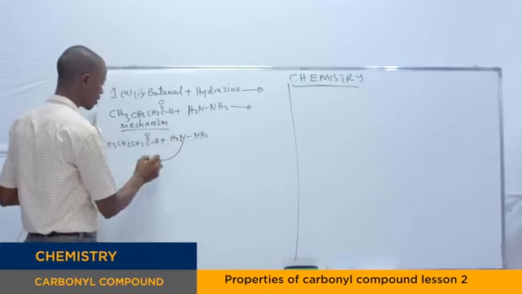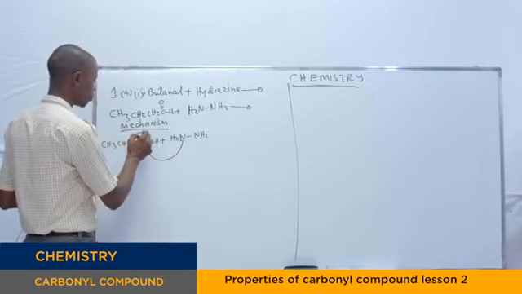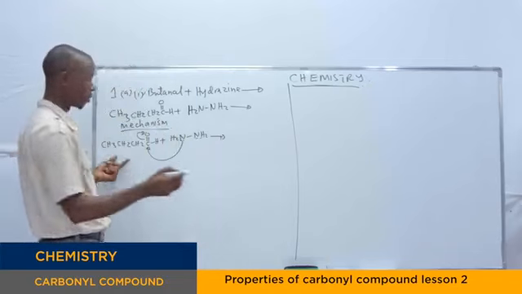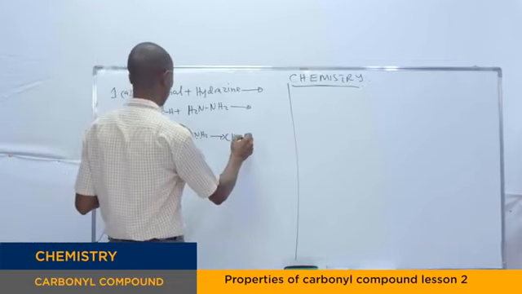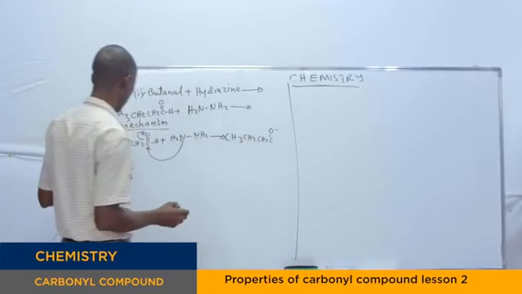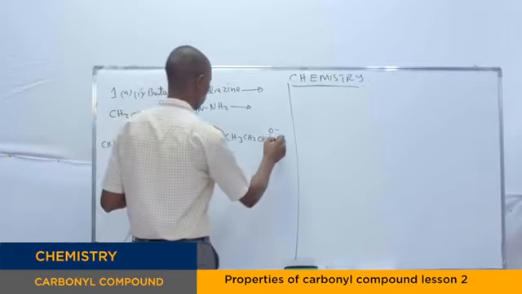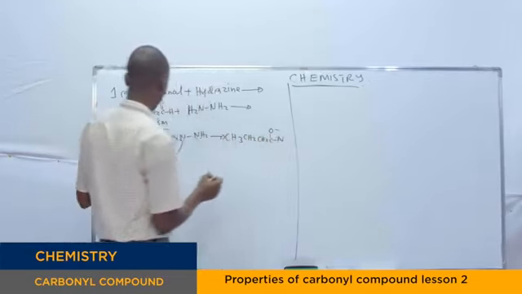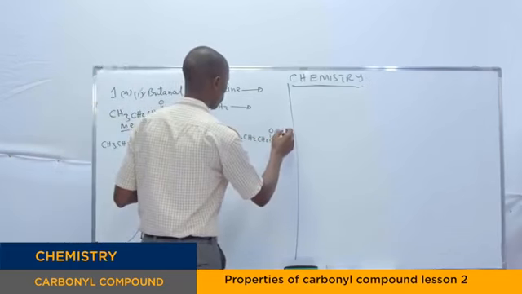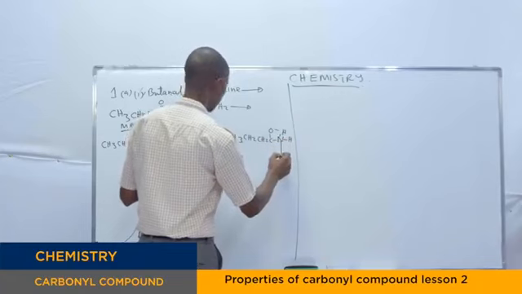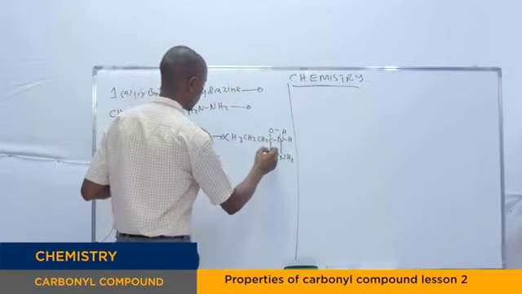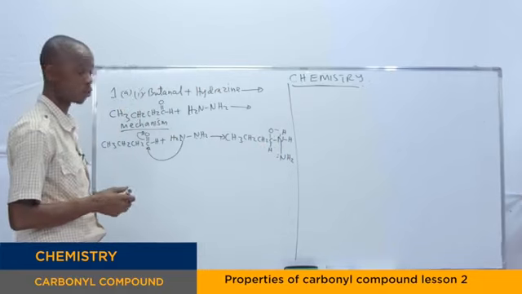This lone pair attacks this carbon atom, making the electron move to the oxygen atom in that way. So here we are going to have the following compound. Nitrogen atom, this one with 2 hydrogen atoms, and this one, and there is a hydrogen atom there. So that is the compound that will be formed.